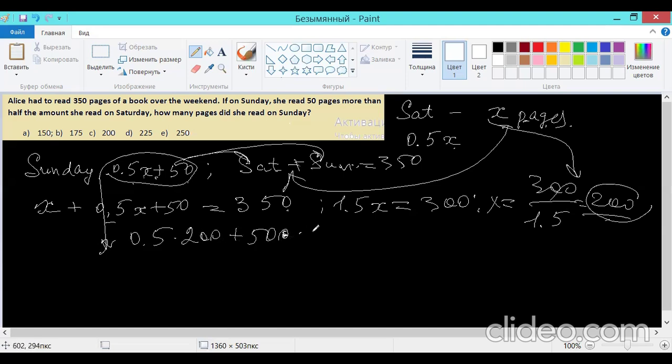This is 100 plus 50. We got 150 pages. For that reason, the right answer is A.